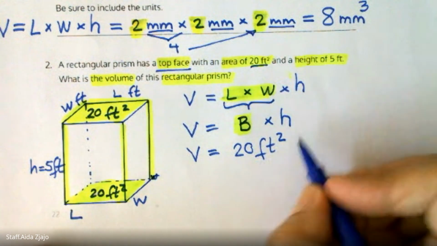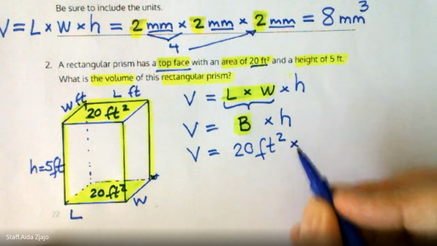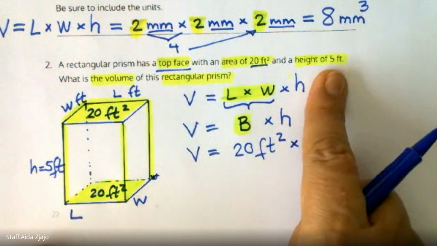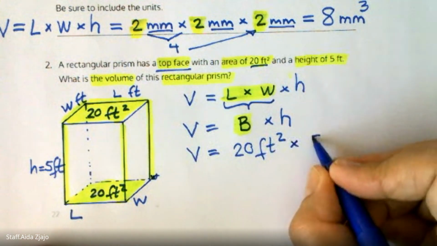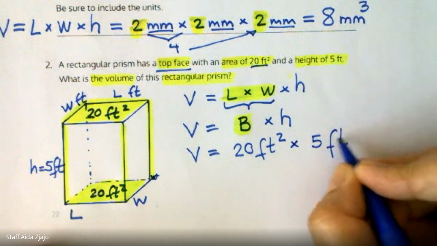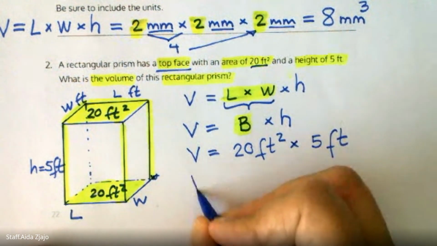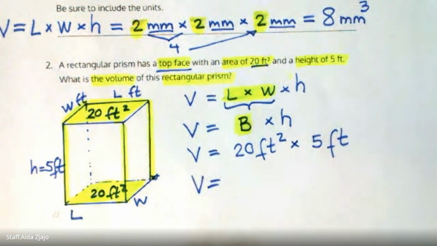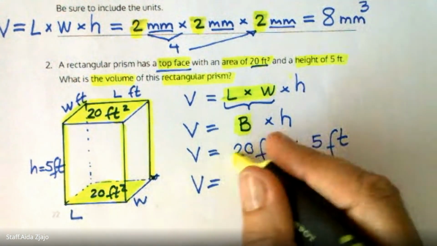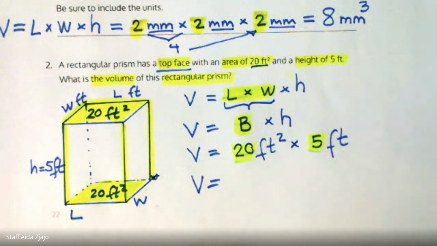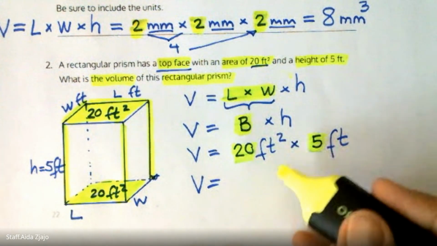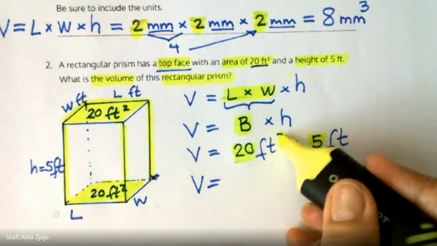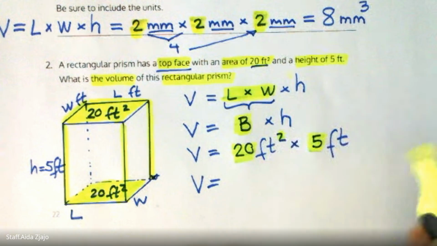Then we multiply by height, and height is also given in the story, that is 5 feet. So all you need now is to know how to multiply 20 times 5, and also square feet times feet.